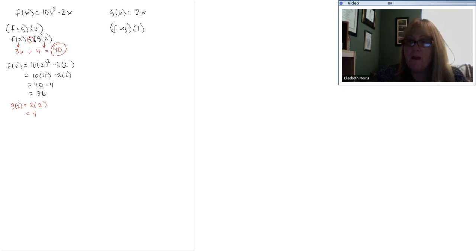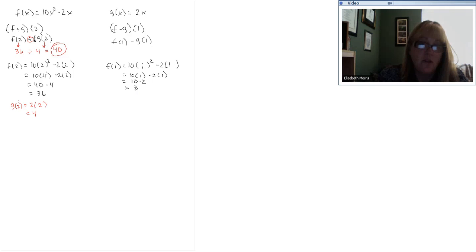All right, let's try this one. This one right here means f of 1 minus g of 1. I don't know what those are, but I can find them out. F of 1 means wherever there's an x, I put the 1. So I get 10 times 1 minus 2 times 1, which is 10 minus 2, which is 8.